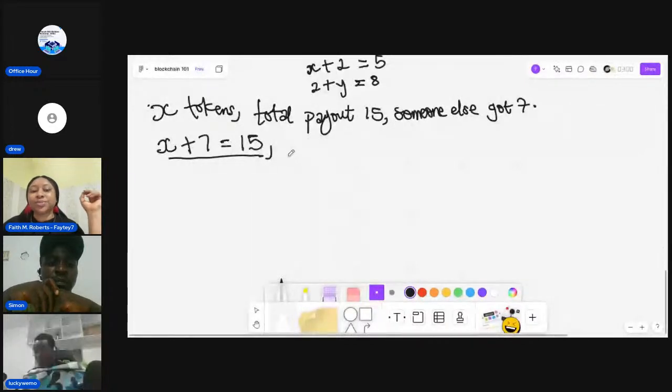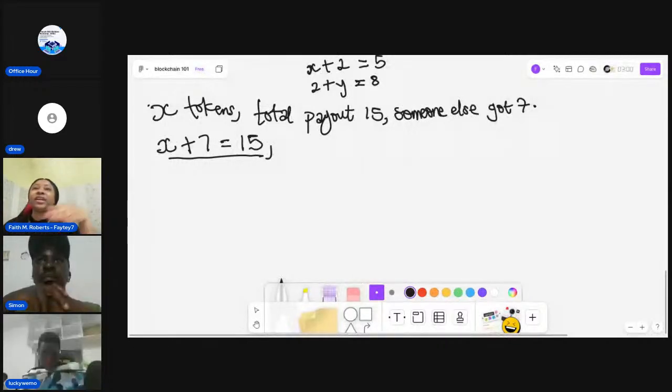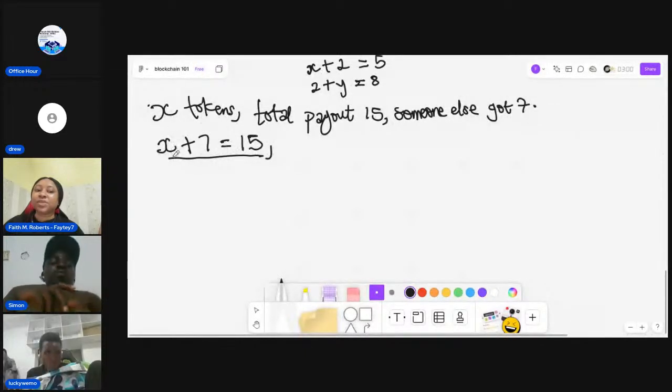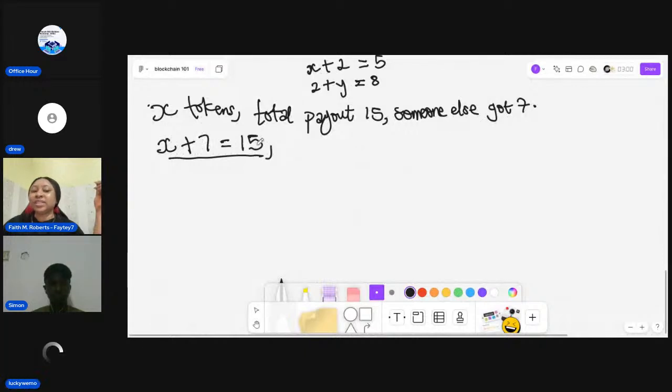Using the normal mathematical statement, we know that when you're trying to solve for a variable, you move all the items with values to the other side of the equation, right? You check your left-hand side and right-hand side of the equation, which part of the equation has the variable. The left-hand side of our equation has the variable x. And to solve for x, we need to move every other item that has a value over the equality sign to the next place.